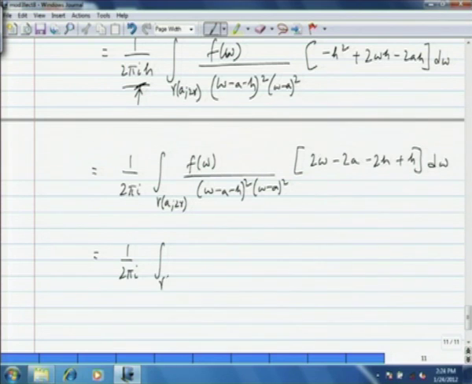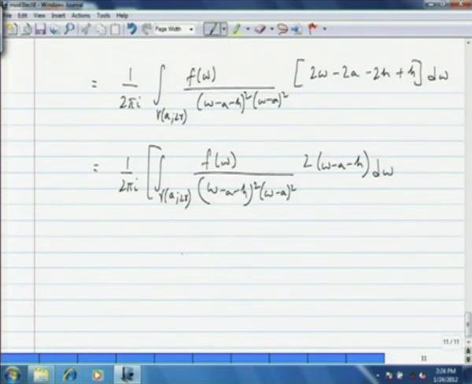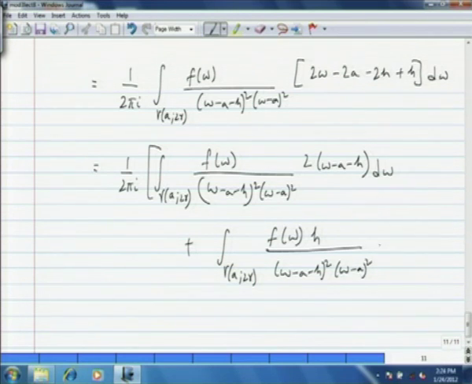This is gamma A to R of f of w divided by w minus A minus H squared times w minus A squared, times 2 times w minus A, plus the integral over gamma A to R of f of w times H divided by w minus A minus H squared times w minus A squared dw. So, I will separate the integrals.